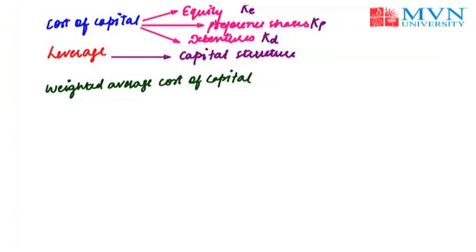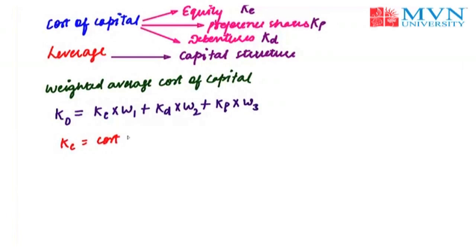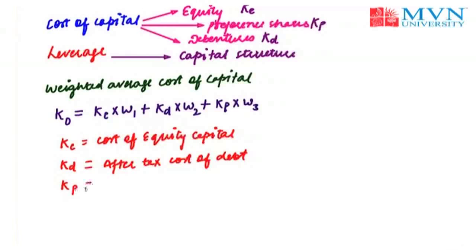Now the next most important term which you should know about is the weighted average cost of capital, which is denoted by this symbol. The formula for the weighted average cost of capital is wherein, as I have discussed, this stands for cost of equity, this symbol stands for after-tax cost of debt, and this stands for the cost of preference shares.